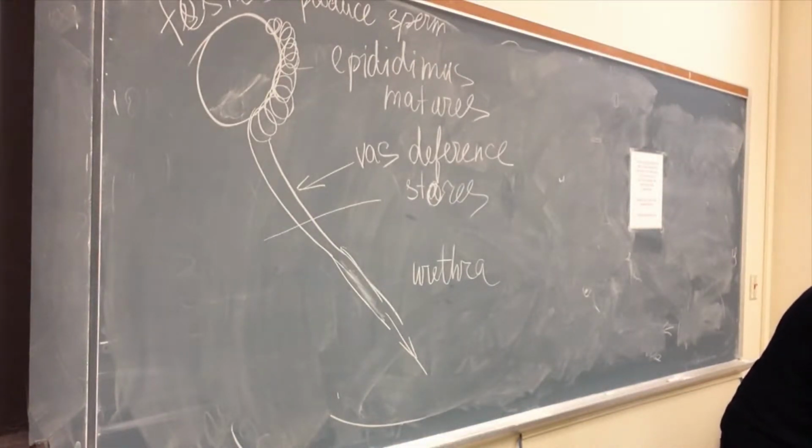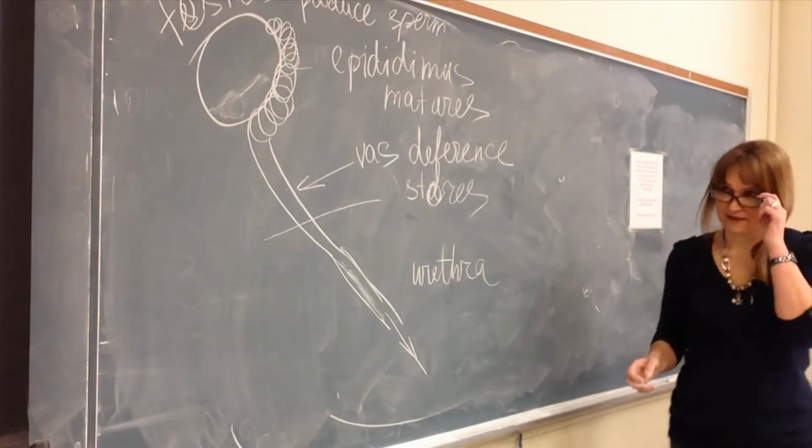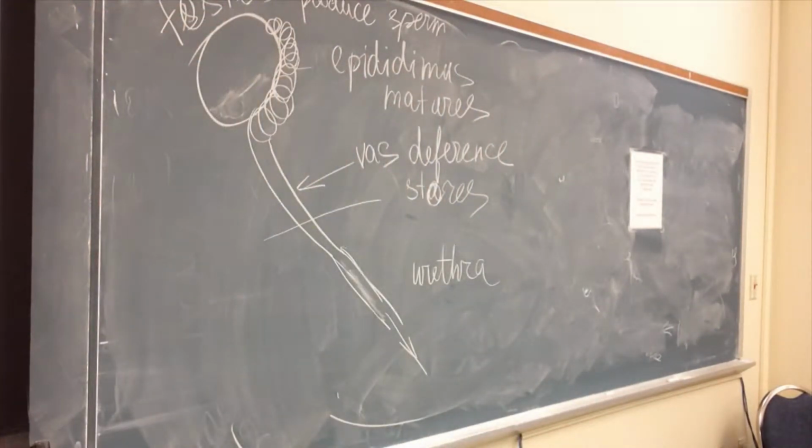Now, what else does the sperm need to be successful? I would like you to open this picture. And let's look at that. So sperm is made in the testes. The epididymis right here kind of goes around the testes.